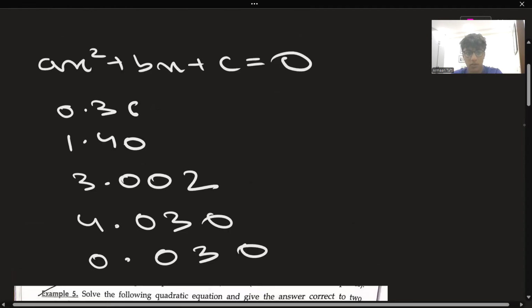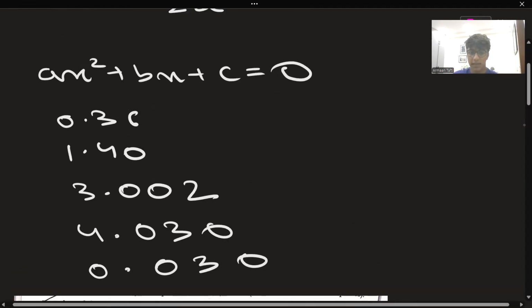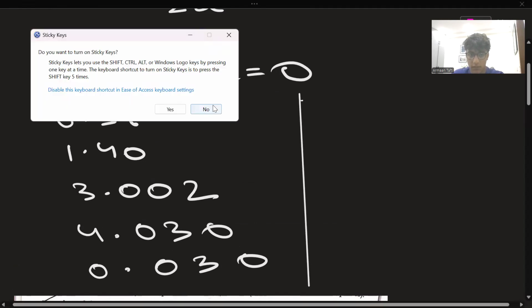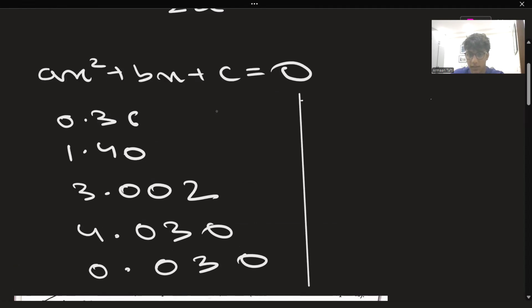Right, all these examples: let's discuss decimal points in this column and significant figures in this column. So that's decimal points here, significant figures here.